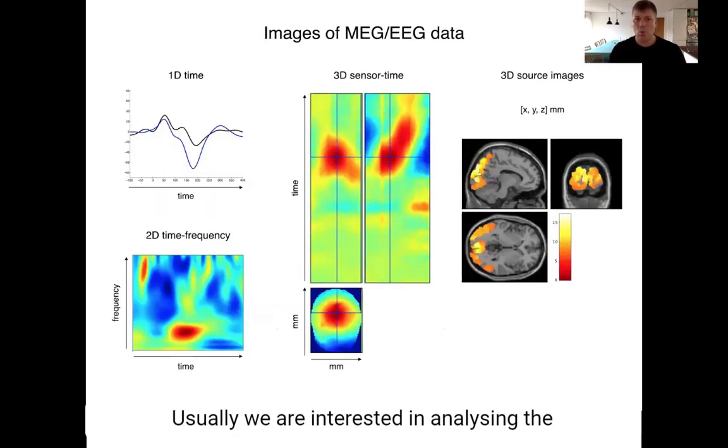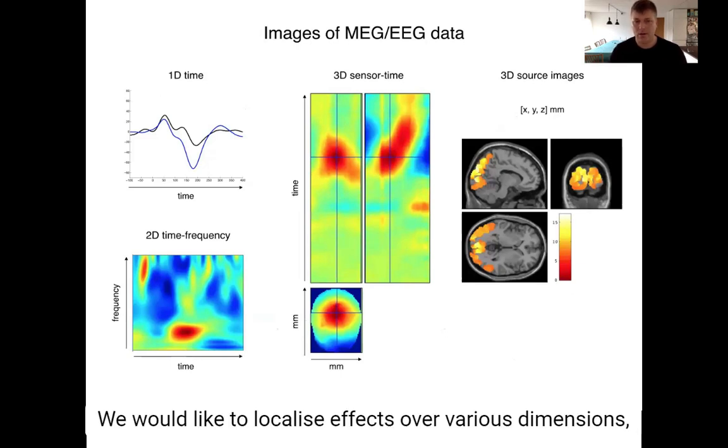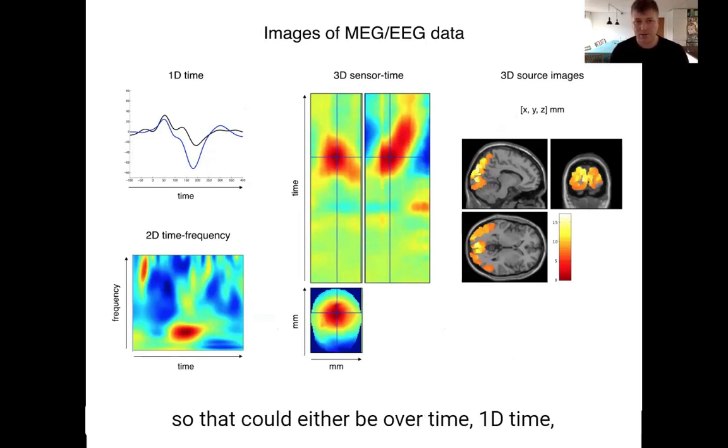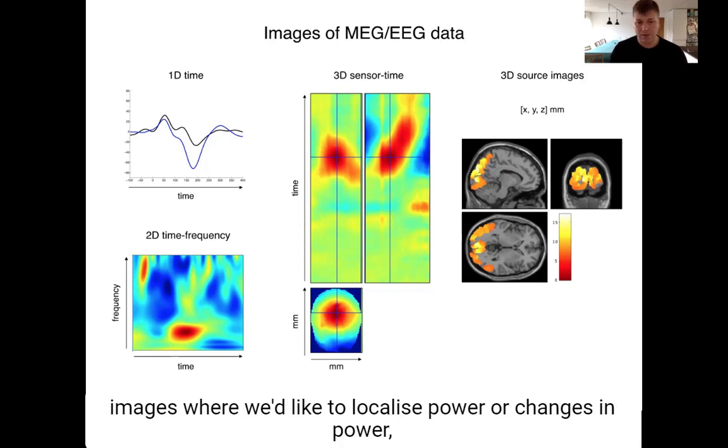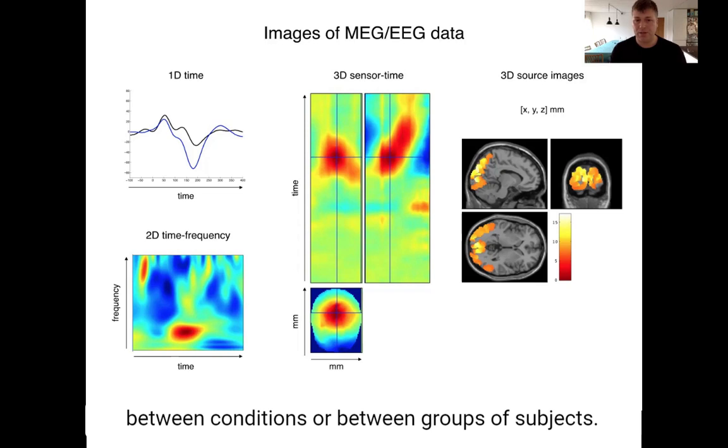However, usually we are interested in doing this for the entire data set. So we would like to localize effects over various dimensions. So that could either be over time, one-dimensional time, as in the case of ERPs, or this could be 2D time frequency images, where we'd like to localize power or changes in power between conditions or between groups of subjects.